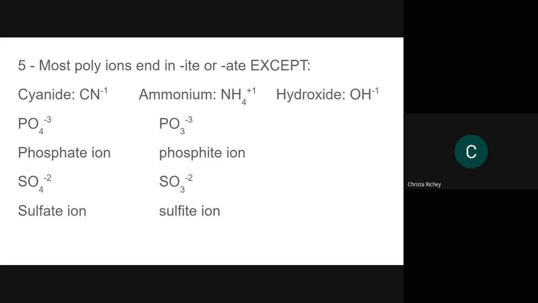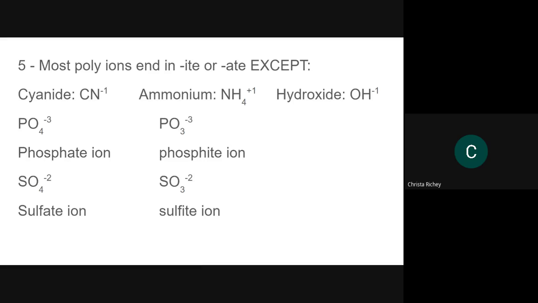These polyatomic ions, with a few exceptions, are named after the thing that is not oxygen. Carbonate is named after the carbon. Chromate is named after the chromium ion. The ones with chlorine are named after the chlorine ion.